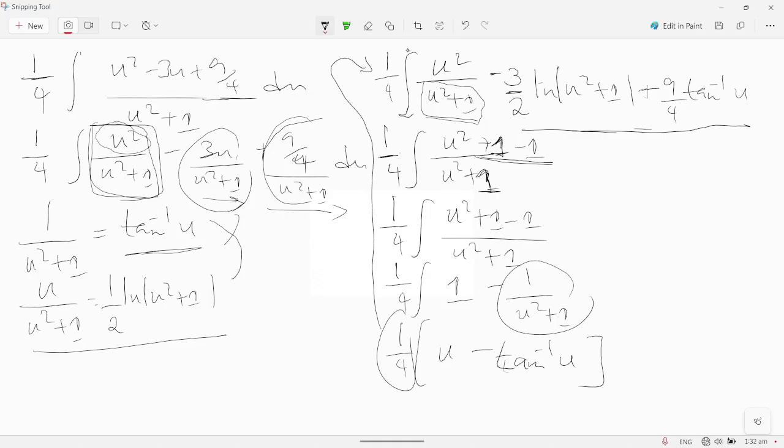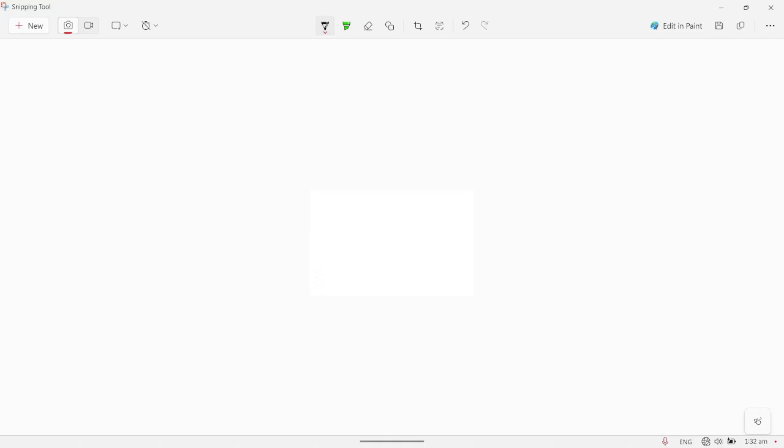What I was just focusing on was this part of u squared over u squared plus 1. So let me just erase this so that we write the final answer in a proper way. So I have 1 over 4. Let me just rewrite it.